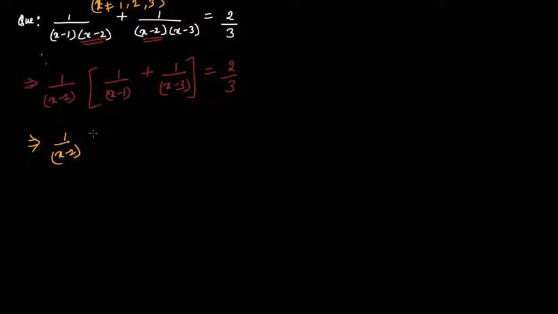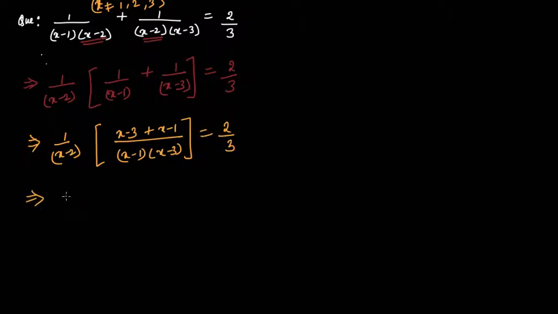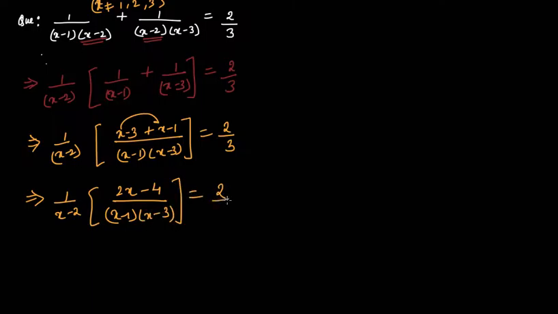So now we have 1 upon x minus 2. Now let us try to simplify this. This becomes (x minus 3 plus x minus 1), obviously by cross multiplication, and in the denominator I have (x minus 1)(x minus 3), and this is equal to the RHS, 2 by 3. So further simplifying, I have 1 upon x minus 2 as it is, and x plus x becomes 2x, minus 3 minus 1 becomes minus 4, divided by (x minus 1)(x minus 3), equal to 2 by 3.